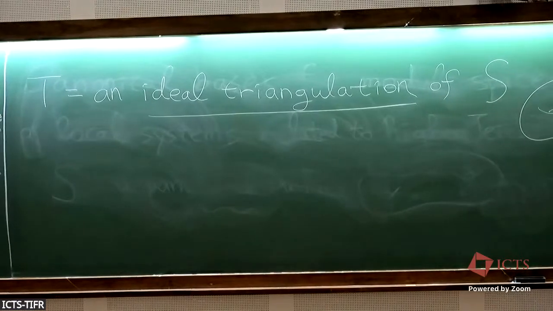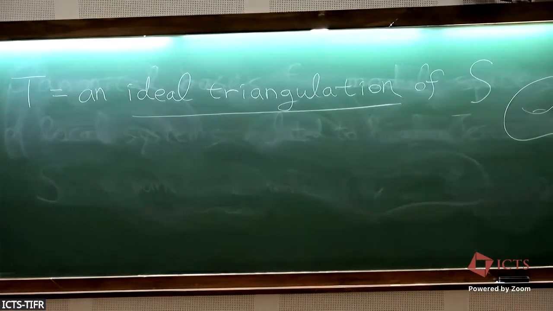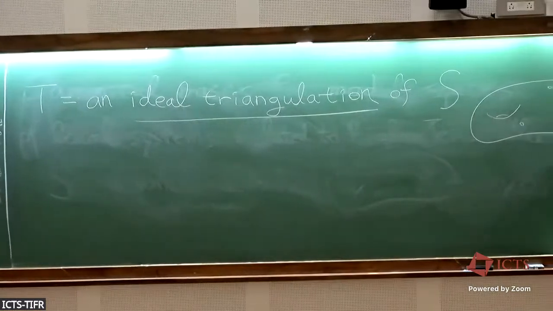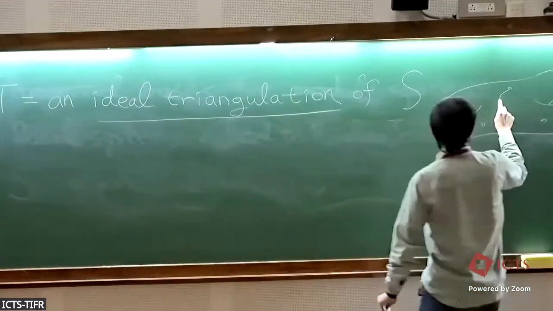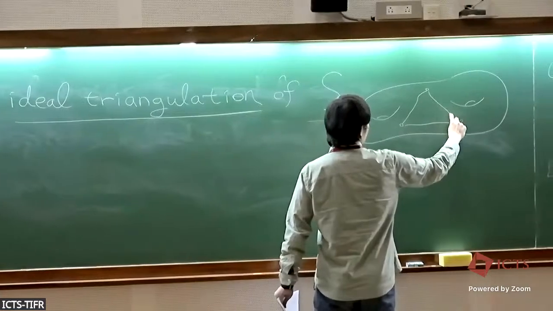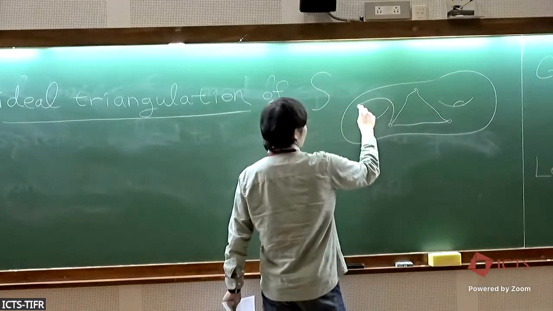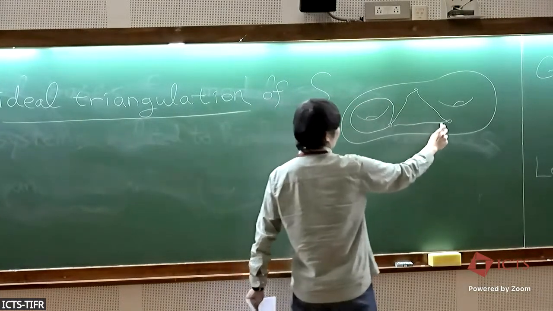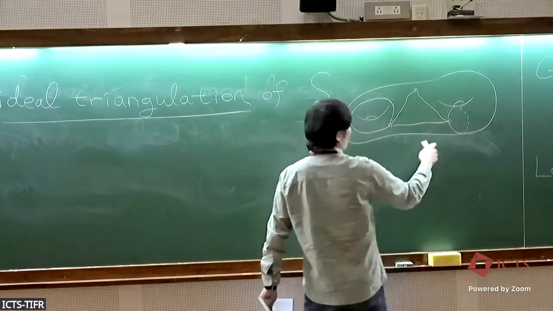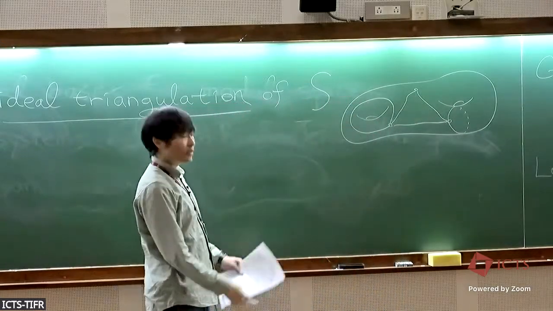So here was the punctured surface. Then you want to triangulate the surface by simple paths that connect punctures, and they may end in the same puncture. But anyways, you want to draw it so that it triangulates the surface.